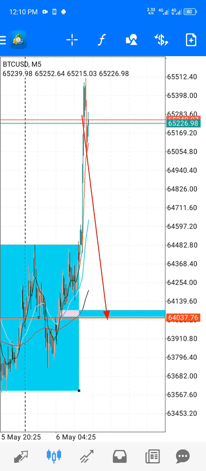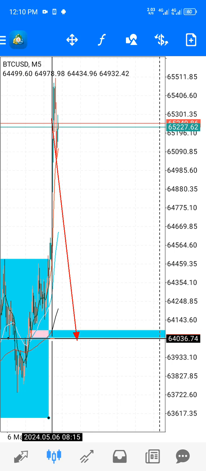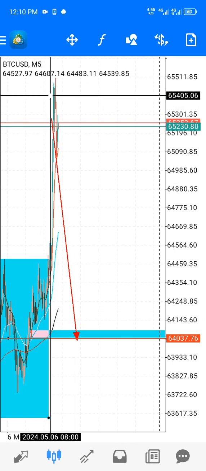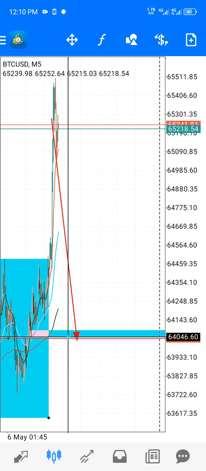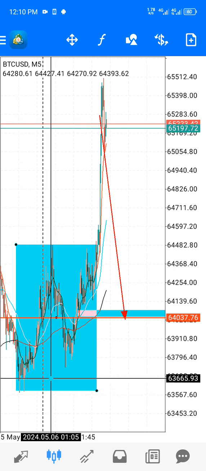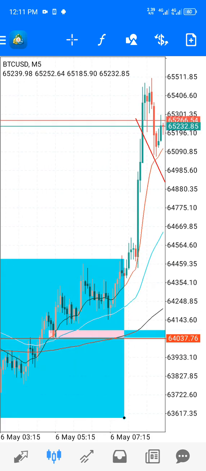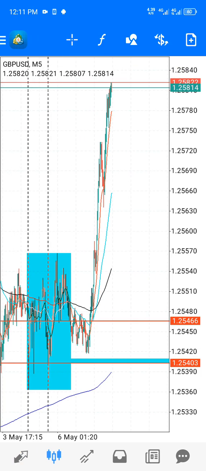Listen very well. When price reaches the middle of the Asian box with momentum candles without consolidation, and it passes by the middle of the Asian box, you should mark the utmost fair value gap within the Asian box. When we talk about the utmost fair value gap, let me return to GBP/USD.